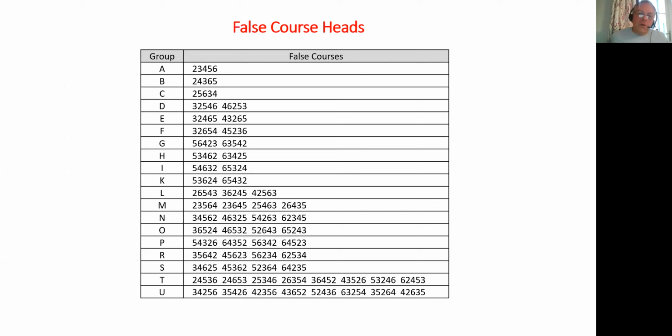When we talk about false course heads, where we said in Yorkshire the false course head was 24365, and that for Cambridge we had five false course heads.